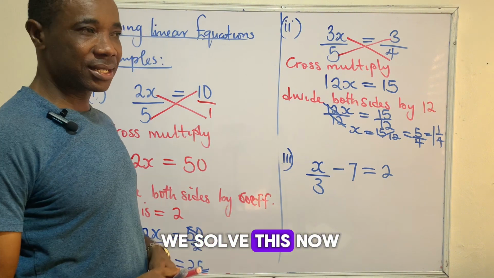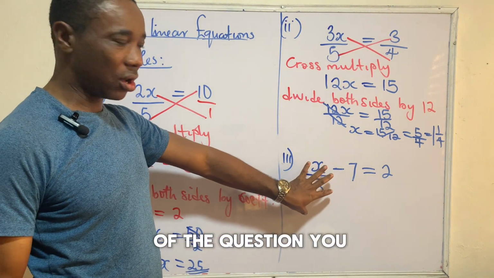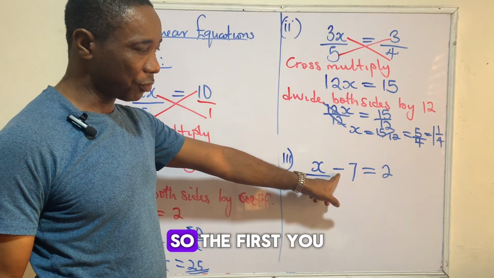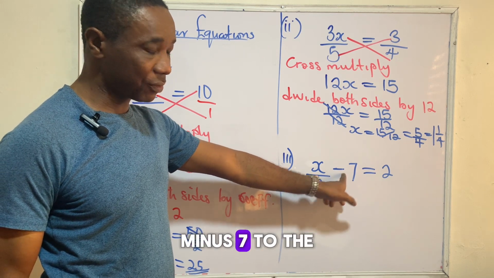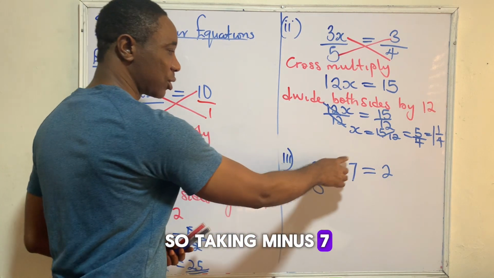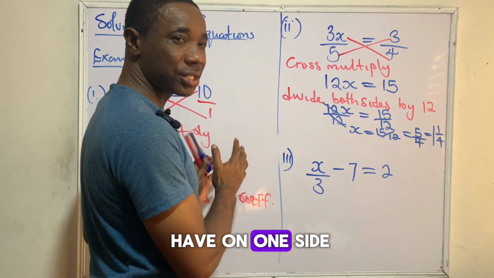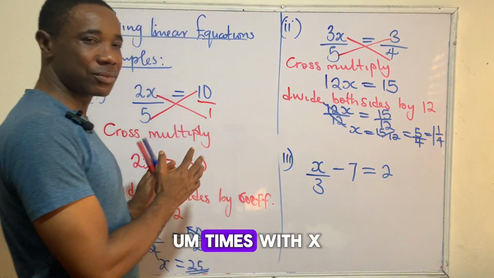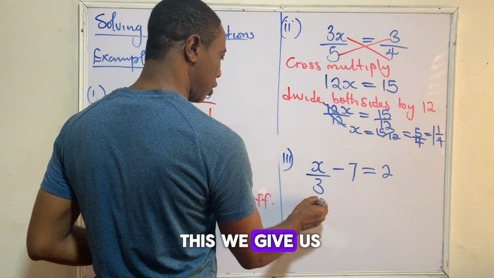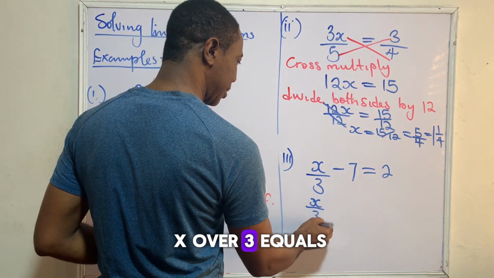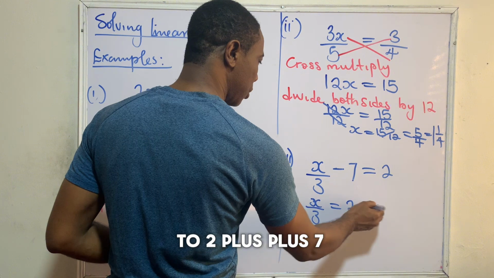So how do we solve this? Now, because on this side of the equation you have a minus, the first thing you want to do is to take this minus 7 to the other side, so that you can have terms with x on one side and terms without x on the other side. So this will give us x over 3 equals 2 plus 7.